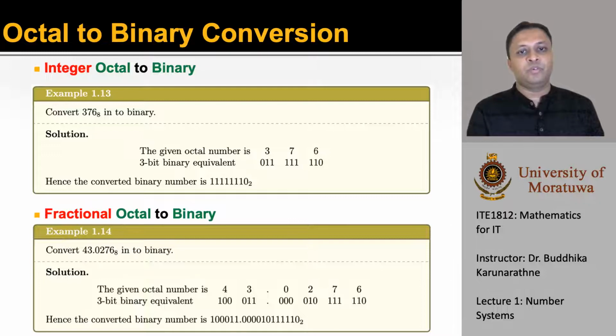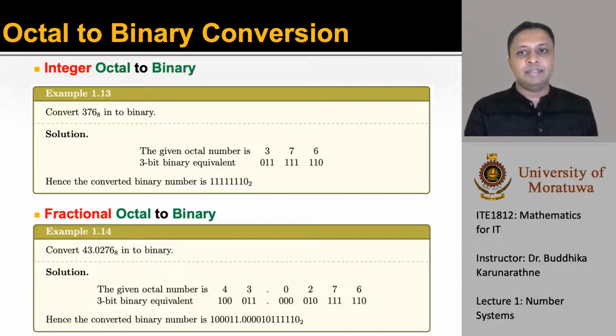So you write the full sequence: 011, 111, 110. You will get the corresponding binary number. So that's how you convert an octal number to binary. So remember the 3-bit representation.